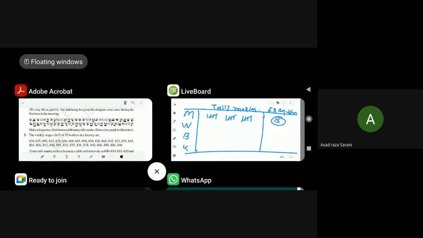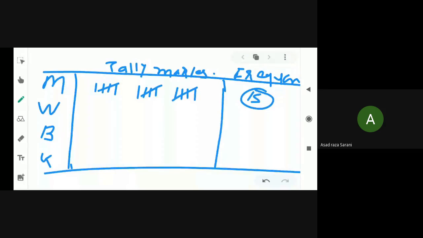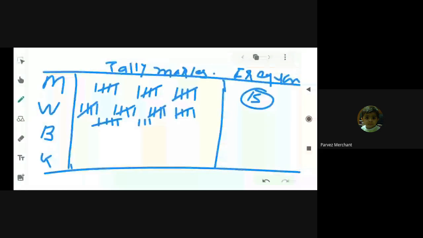How many women visit this shop? 28. So we are representing here 5 plus 5, 10, 15, 20, 25, and this is 28.